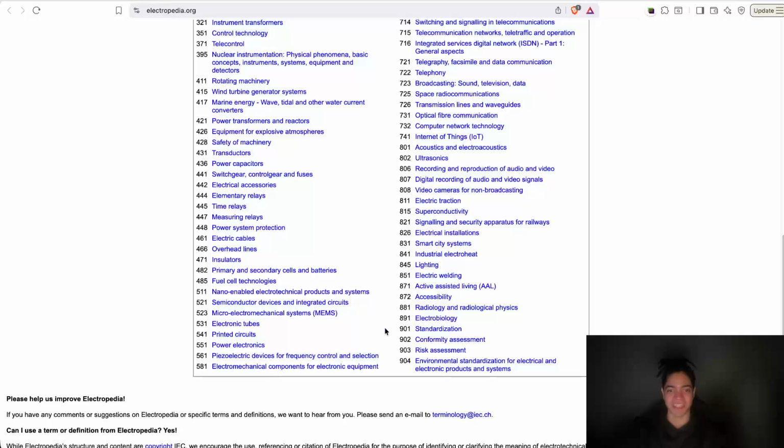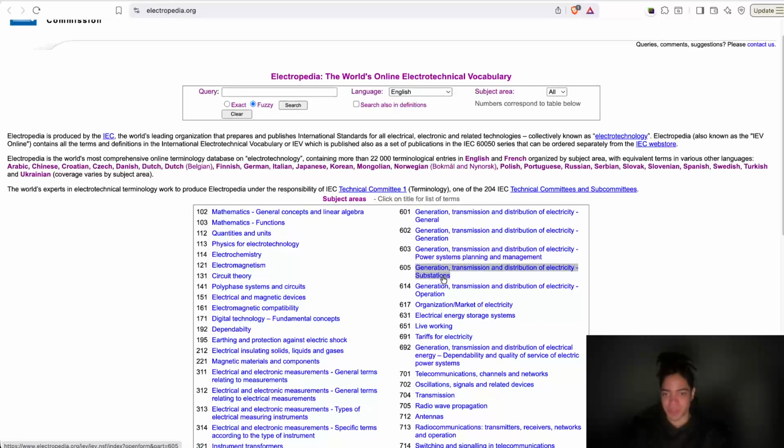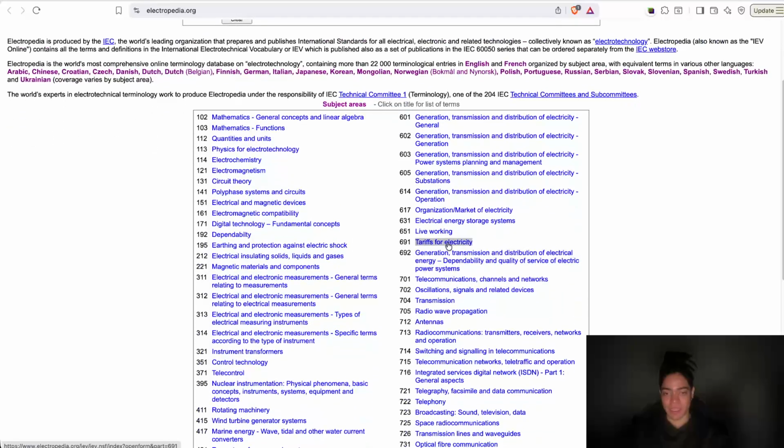Holy moly, bro. Generation, transmission, and distribution of electricity. This is general. This is generation, power system planning and management, generation, transmission, and distribution of electricity, substations, operations, organization, market for electricity, electrical energy storage systems, live working, tariffs for electricity.